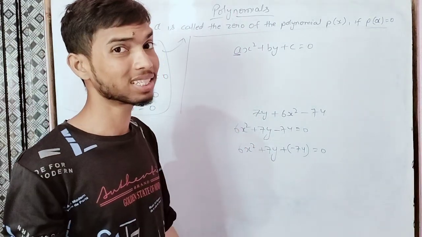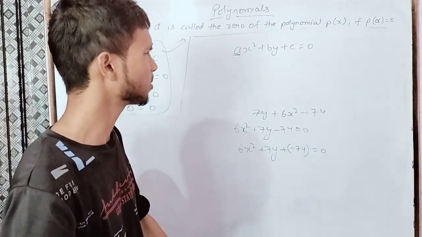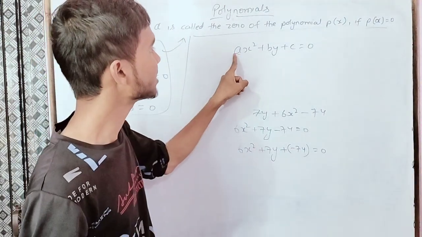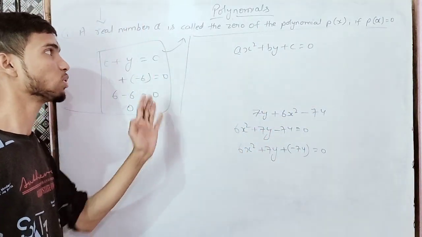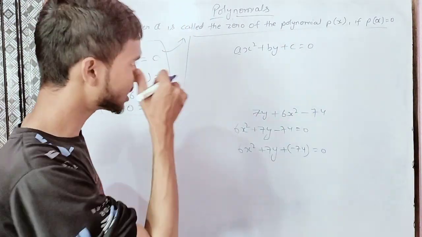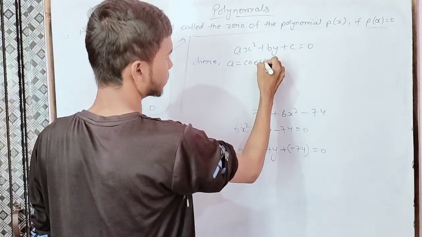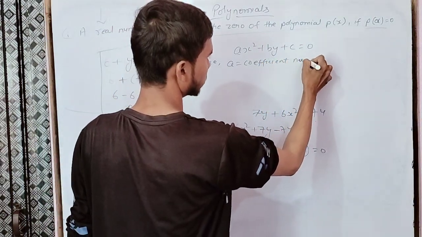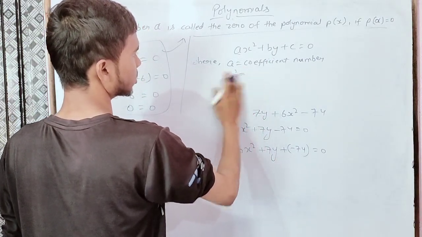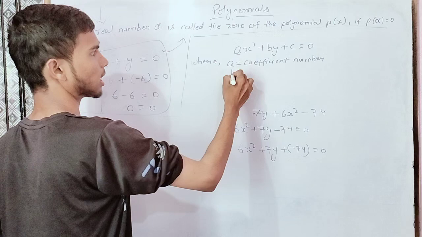As we were understanding polynomials, same here. a is a coefficient number because it is with a variable. b is also a coefficient because it is with a variable. c is a constant.